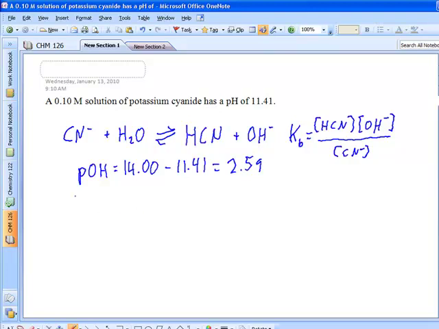Next, we can calculate the hydroxide ion concentration simply by raising 10 to the negative 2.59 power. If we do this, we get 2.6 times 10 to the negative 3 molar.